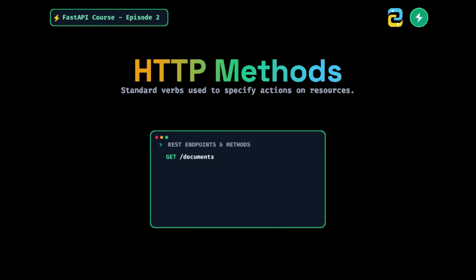For our document API, we might eventually have endpoints such as GET /documents, POST /documents, GET /documents/{id} to get a specific document, and DELETE /documents/{id}, used to delete a specific document from our documents. So this is the foundation of what is commonly called CRUD: create, read, update, and delete. We will build these operations as the course progresses.